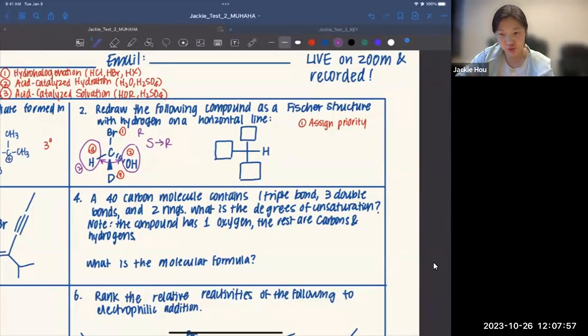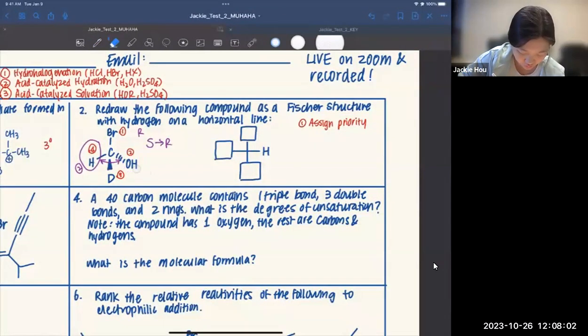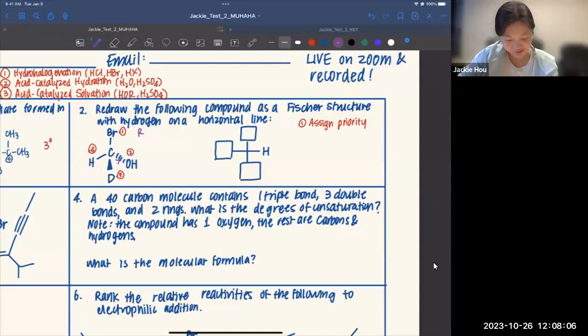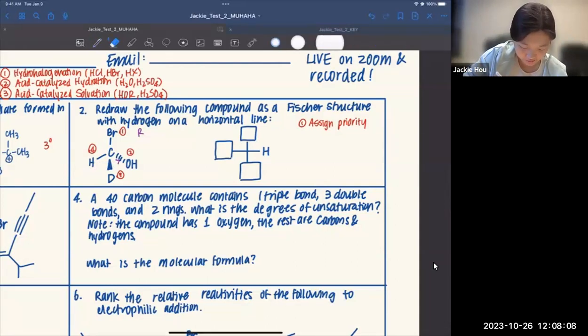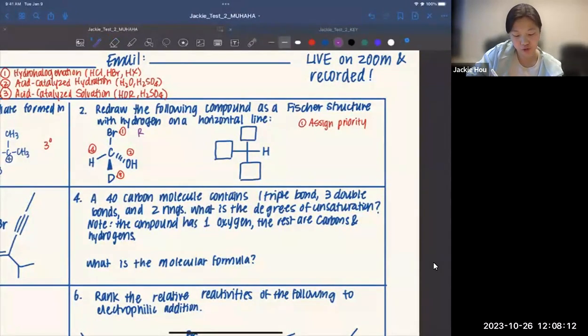A much easier way that I like to approach it is, instead of doing all this crazy swapping and going back and forth, I like to keep one of the groups constant and rotate the other 3 groups so that my lowest priority group is on the dash.